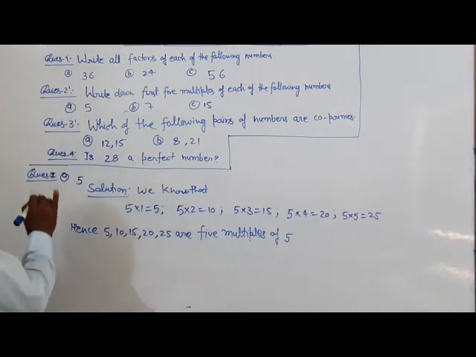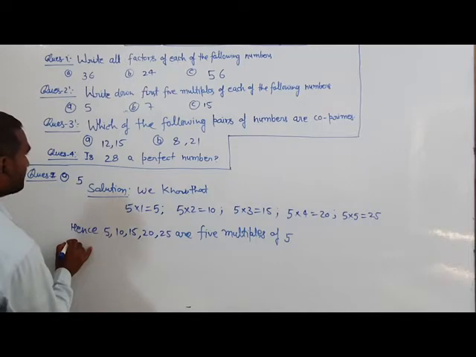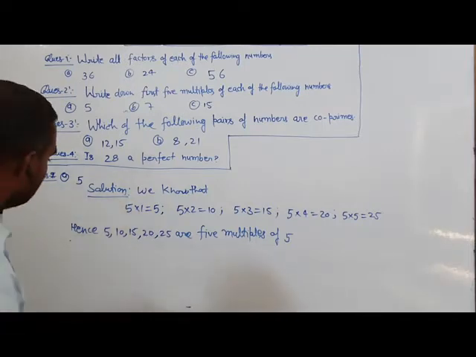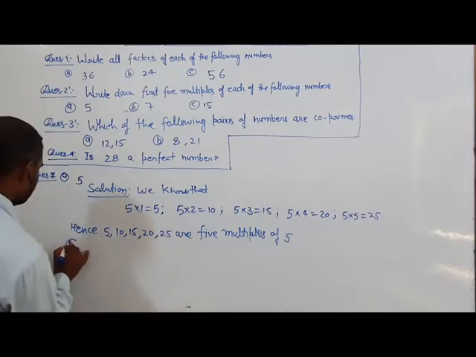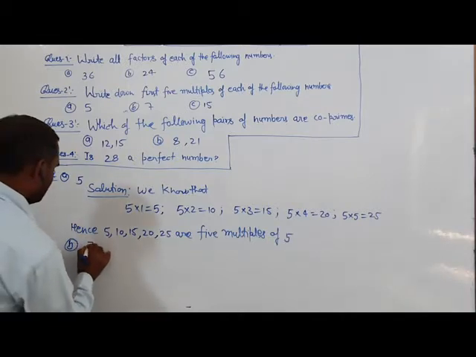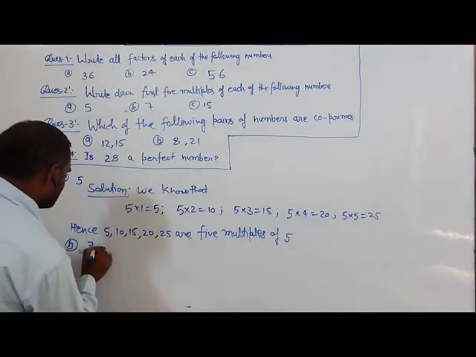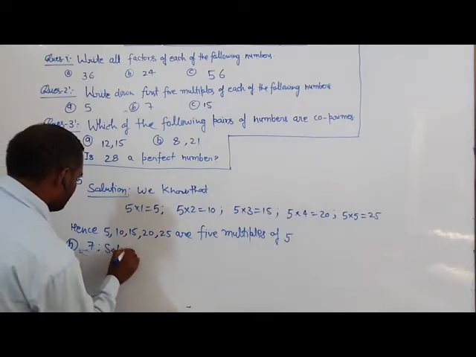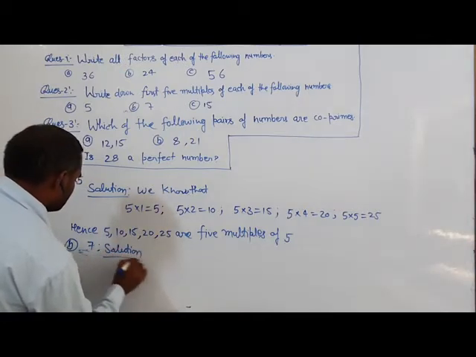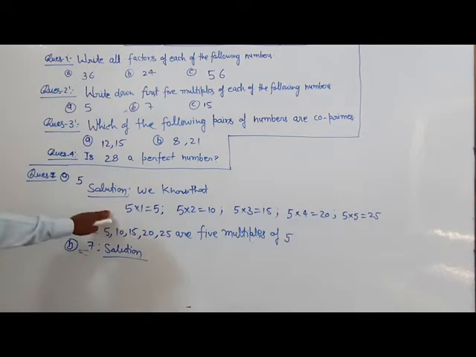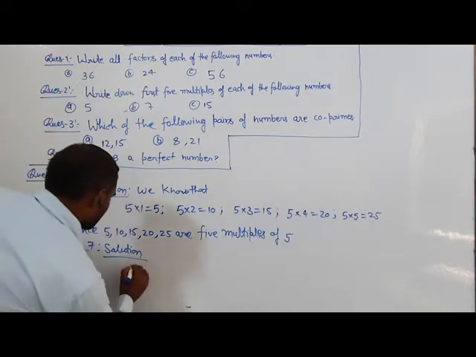So we see option D. D is 7. We know the solution, like the first option.